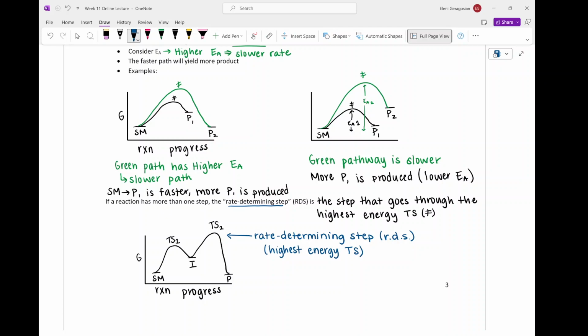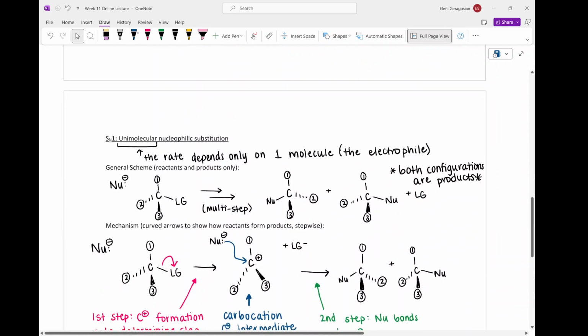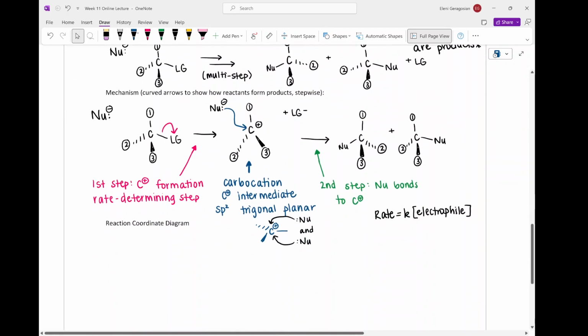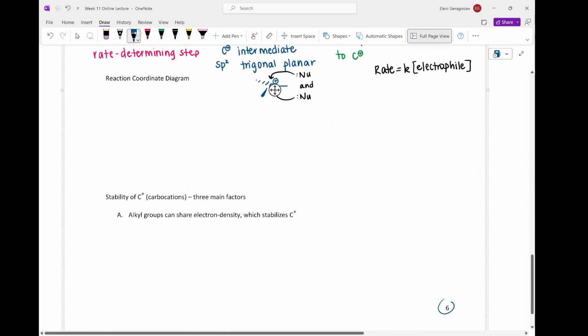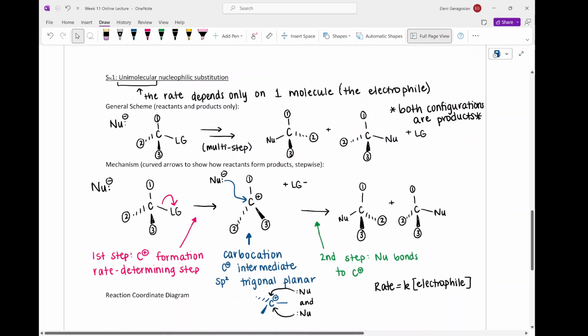So with all of that in mind, and I briefly introduced that I for intermediate, let's go to the page, I think this is page 6 now, where we introduced on Thursday SN1 reactions. So let me just check real quick. Yeah, page 6. So on page 6, we went through in class SN1 reactions, looking at the mechanism. See where I drew the arrow?